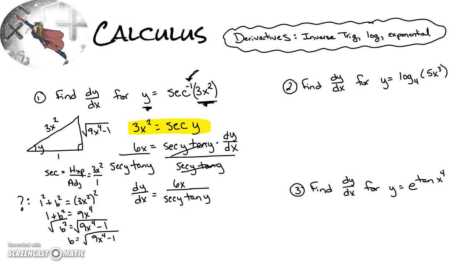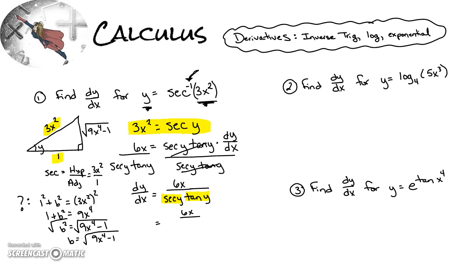Now, the reason this triangle helps us is because now we can remove from our answer the secant of y and the tangent of y by writing down what they are from the triangle. So I'm still going to have 6x on top, but looking at the triangle, well, we knew that the secant of y was 3x squared. But that's because it is hypotenuse over adjacent.